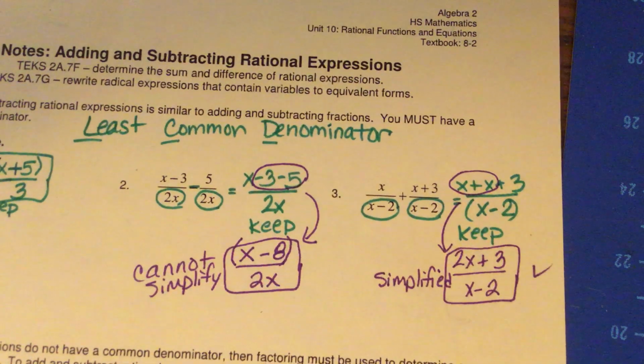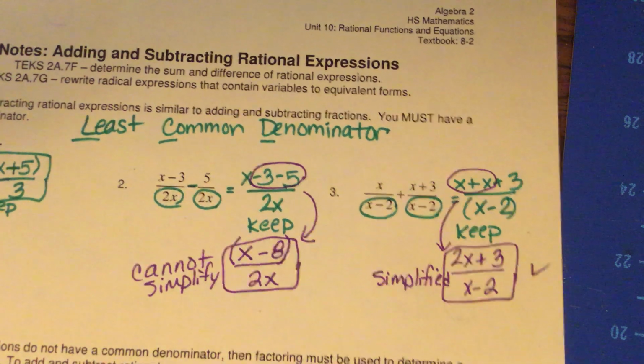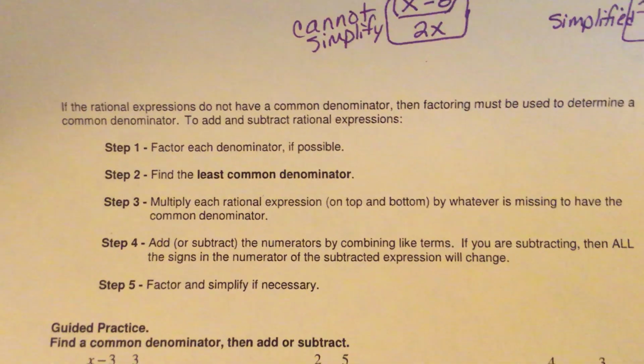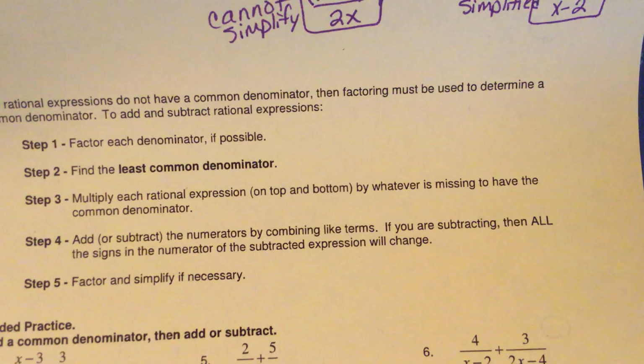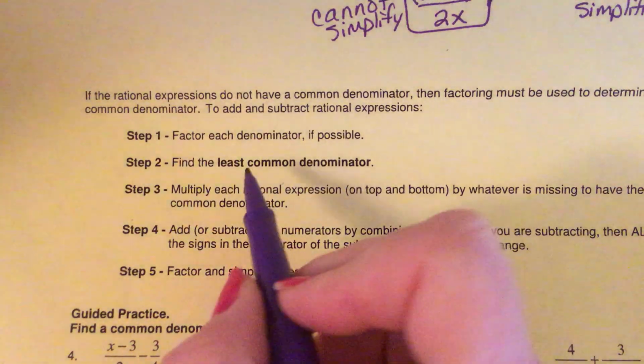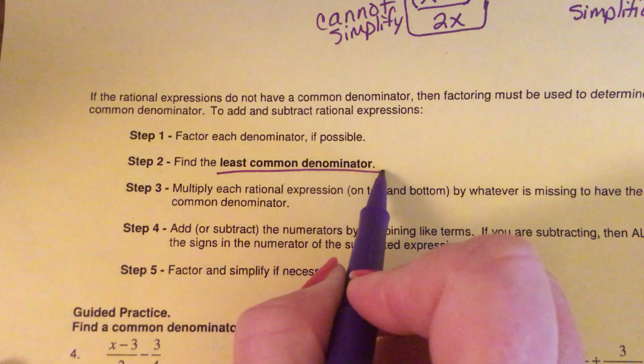So for the first 3 of these, if we have a common denominator already, then it makes it easy. Keep the bottom, either add or subtract the top, combining like terms. If we don't have a common denominator, then we need to either factor or multiply, because we need to find our least common denominator.